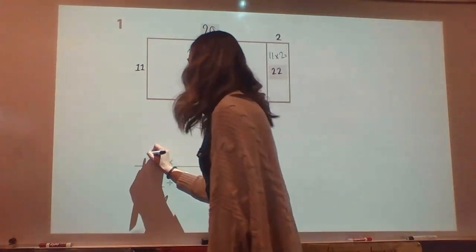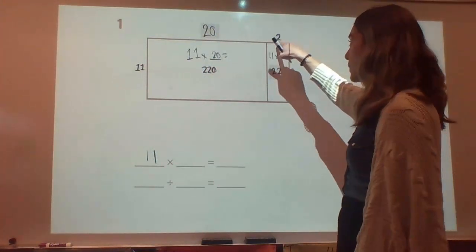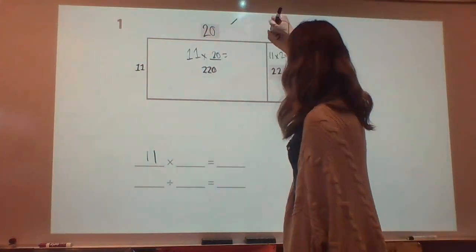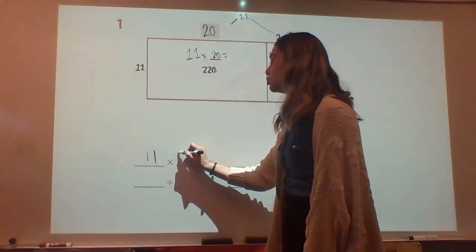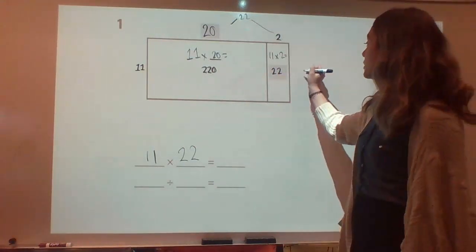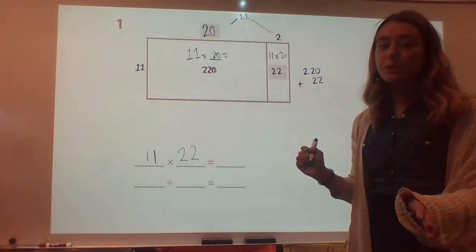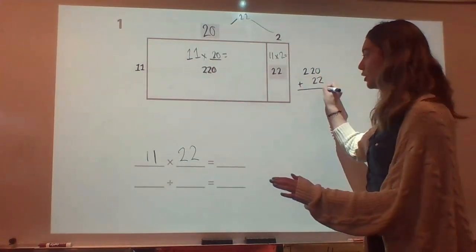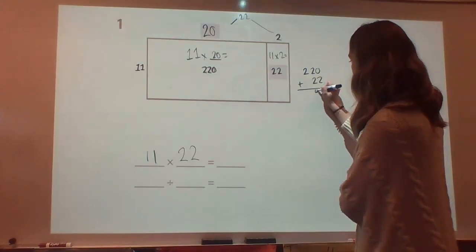So 11 has to be one of them on this side. Now my two dimensions on top added together are 22. So 11 times 22 equals, now I have to add 220 plus 22. Some of you might be able to do this in your head, or you can do this on the side with the standard algorithm.